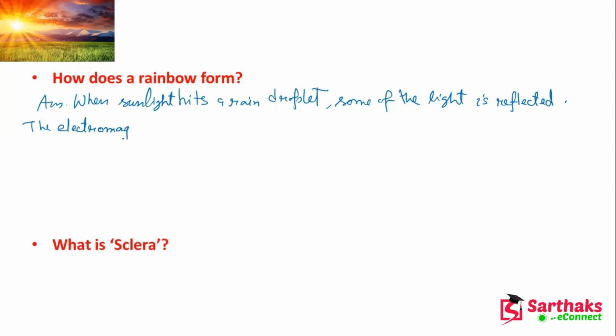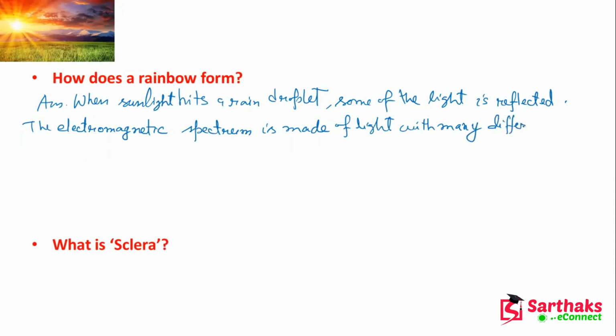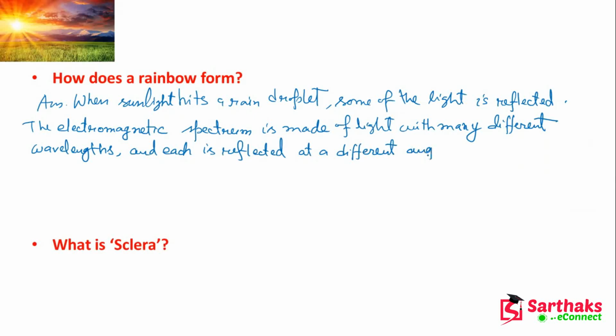The electromagnetic spectrum is made of light with many different wavelengths, and each is reflected at a different angle.